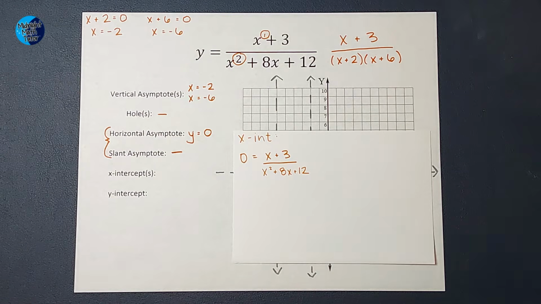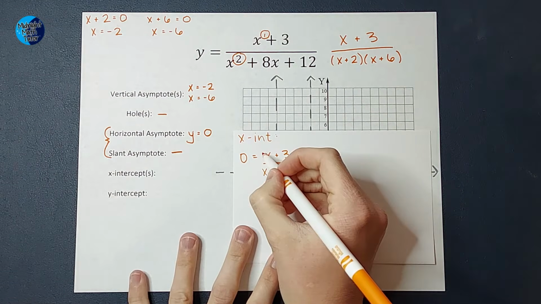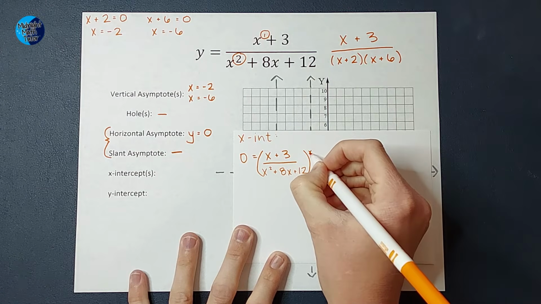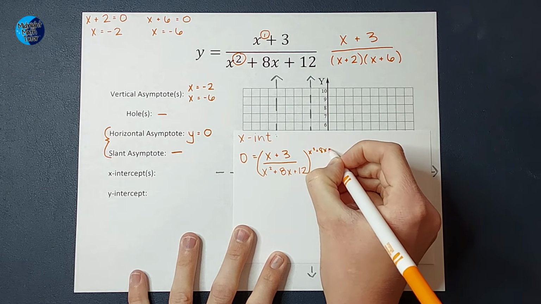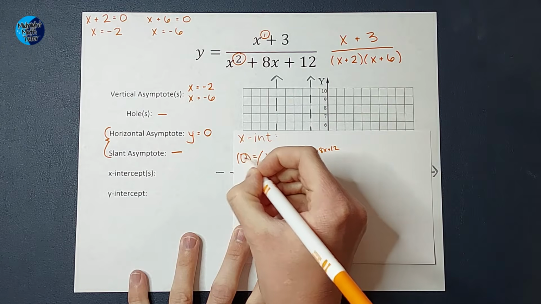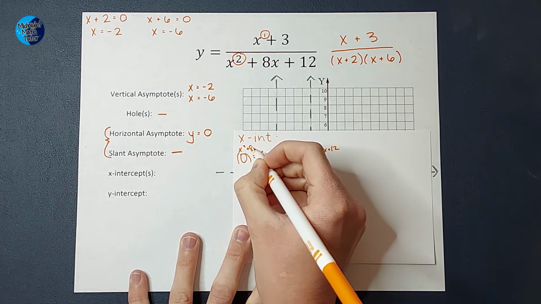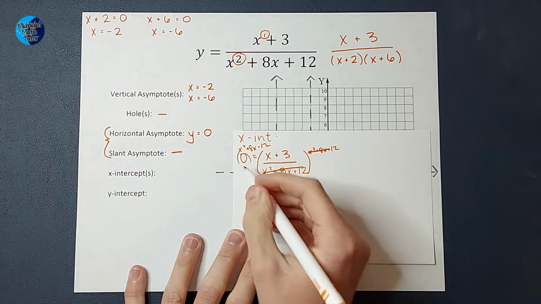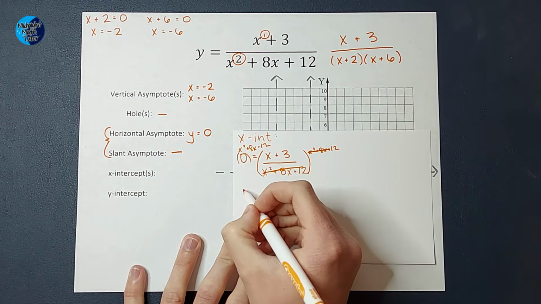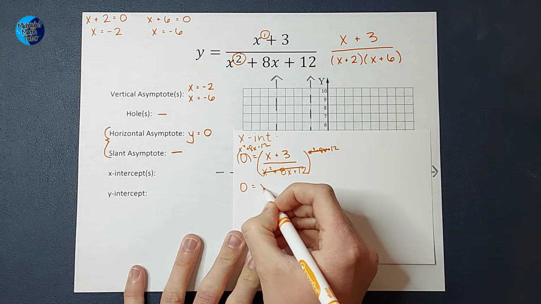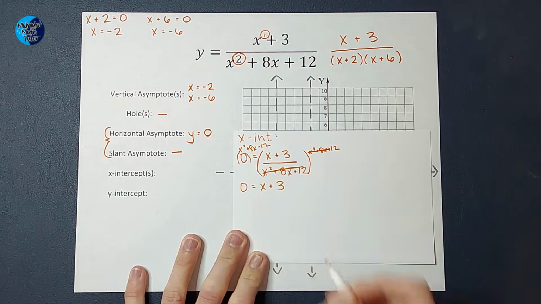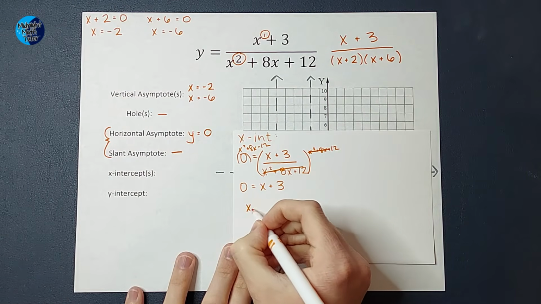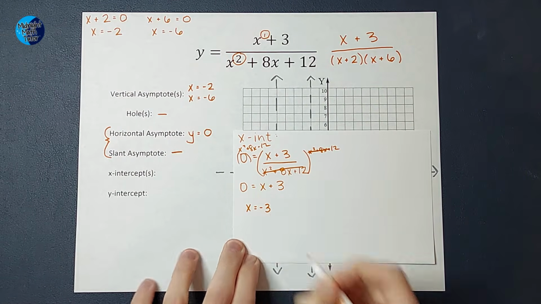I don't really want to deal with that big fraction, and I'm trying to get x alone, so I would multiply both sides by x squared plus 8x plus 12. Then those cancel. 0 times that is just 0, so I have 0 equals x plus 3. Then I subtract 3 from both sides and get x equals -3.